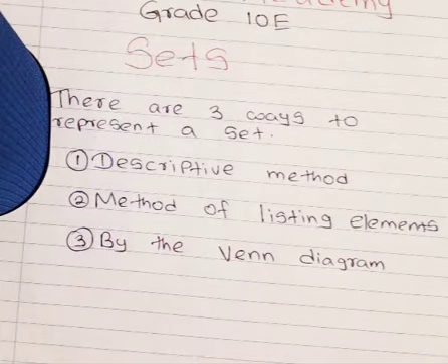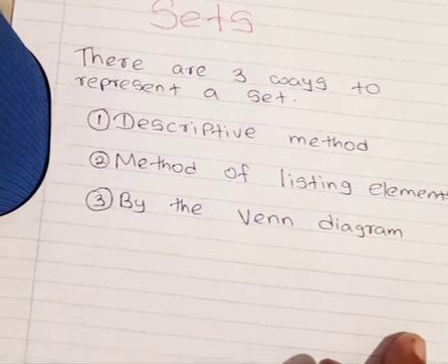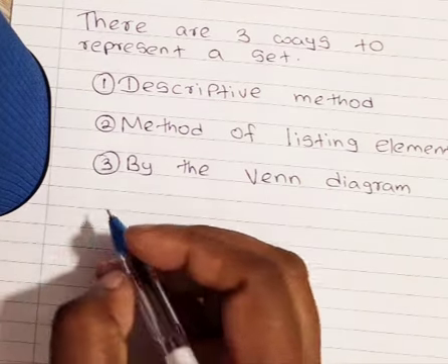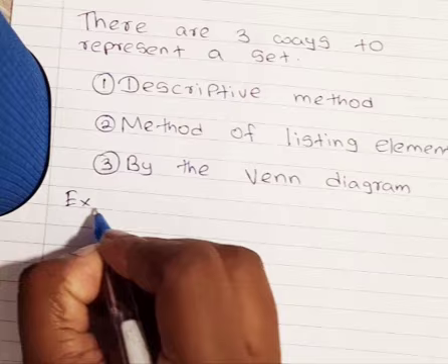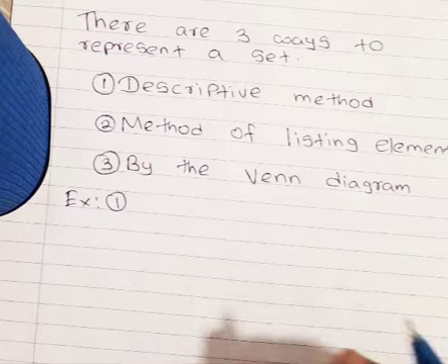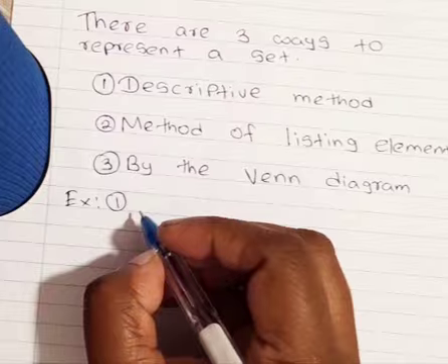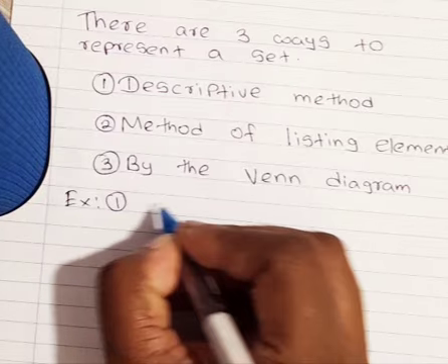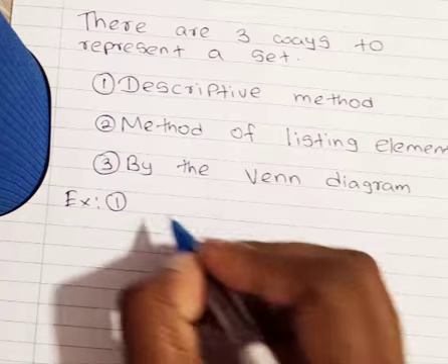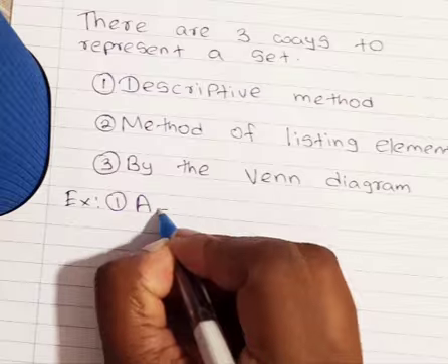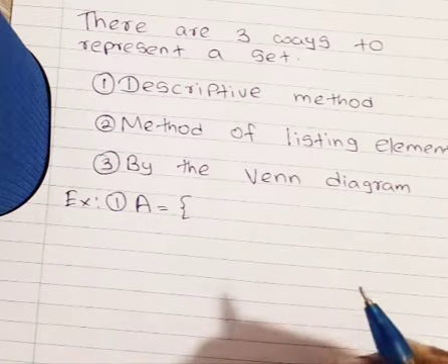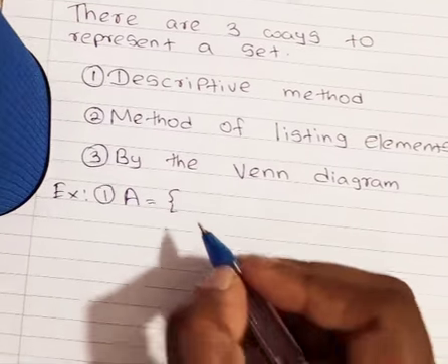So I'm going to take an example. In example one, I'm taking even numbers. Set A is written like this. Normally when you are writing a set, you have to write it within curly brackets.